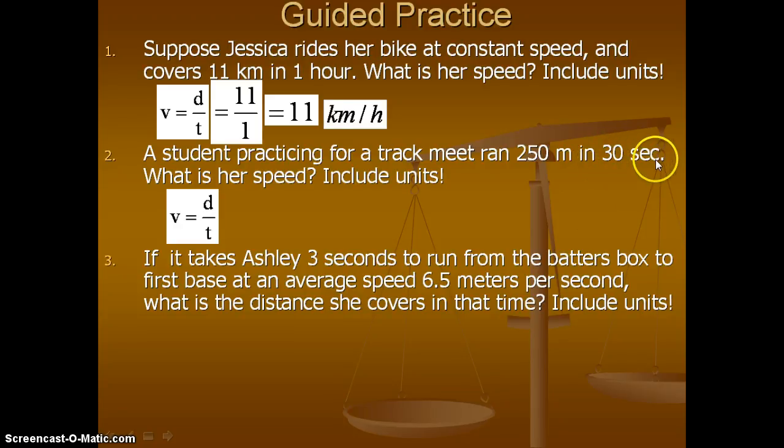No, because seconds is for time. Meters is for distance. So we want this 250 here for D. And then we want the 30 seconds in for T. So we have 250 divided by 30. I'm going to round to 2 decimal places, so we get 8.33.